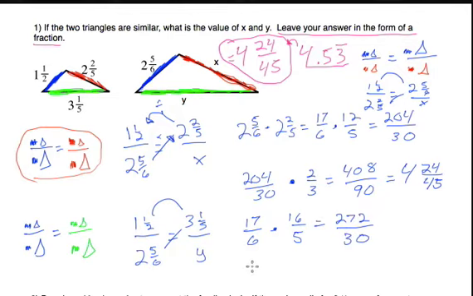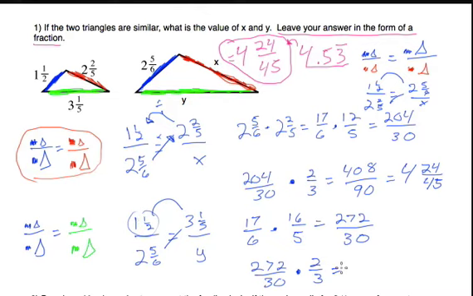And then we're going to do the same thing that we did before. 272 over 30 divided by 3 halves. That's 1 and 1/2 converted to an improper fraction. So that's multiplied by 2 over 3. I'm just taking the reciprocal of the improper fraction version of 1 and 1/2.